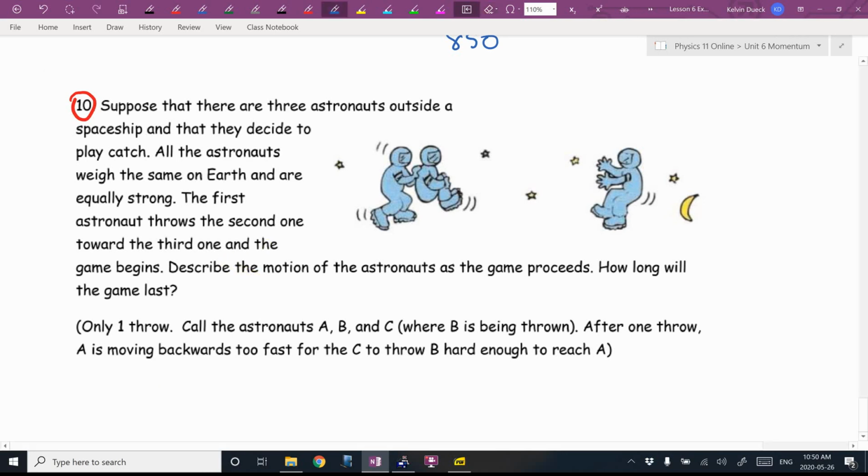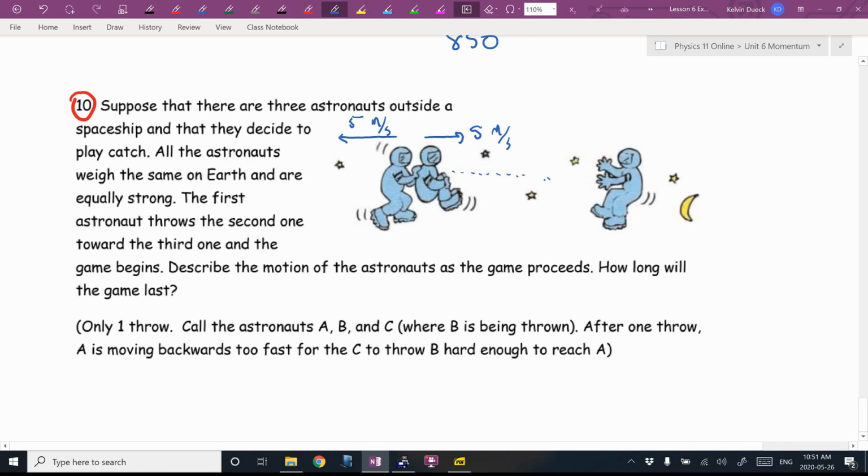What's going to happen? Okay, well, as soon as this astronaut pushes this astronaut, let's say with 5 meters per second, because they have the same mass, this astronaut will rebound backwards at 5 meters per second. Now, this astronaut is going to travel forwards.